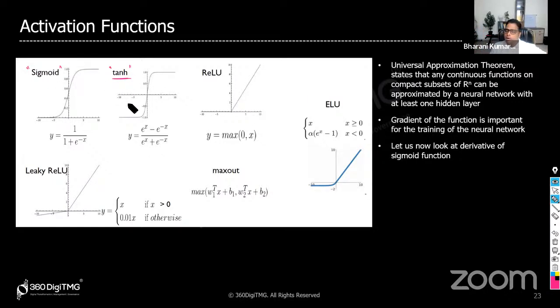Sigmoid, tanh, etc. are all part of the smooth family. Here, the values will lie in the range of -1 to +1.